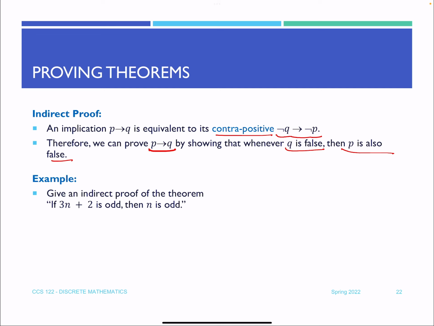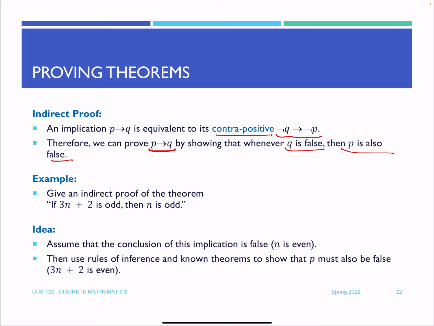So let's begin with an example again. Let's find an indirect proof of the theorem, if 3n plus 2 is odd, then n is odd. Let's assume that the conclusion of this implication is false, meaning the conclusion is n is odd. Let's flip that. n is not odd, meaning n is even. Now, if n is even, then use rules of inference and known theorems to show that P must also be false.